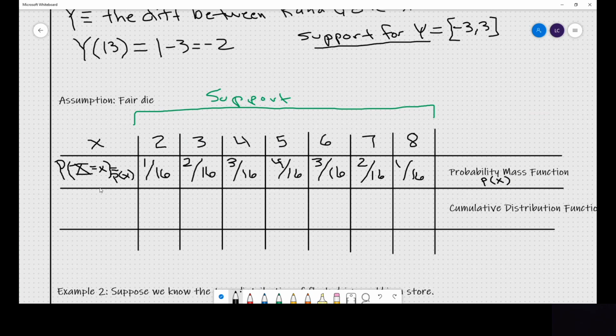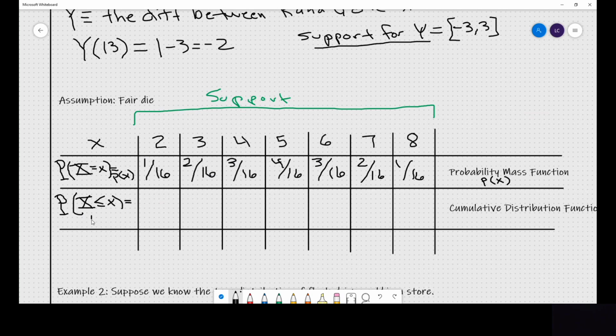So the next question is, what is my cumulative distribution function? And the reason why we have that is sometimes it's easier to calculate probabilities of a whole bunch of things all at the same time. And yeah, that was a really bad P. But that is the probability that X, instead of equal, is going to be less than or equal to x.